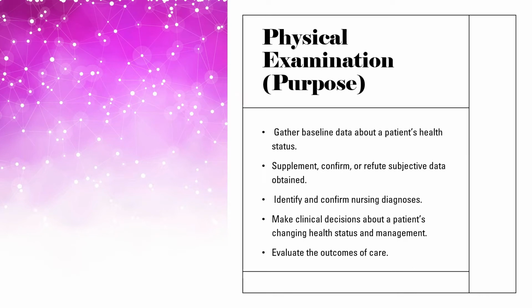So depending on where the patient presents, if it's in acute care or in the ER, I'll just use ER for an example, and the patient is complaining of chest pain, the nurse will do a focused physical assessment.